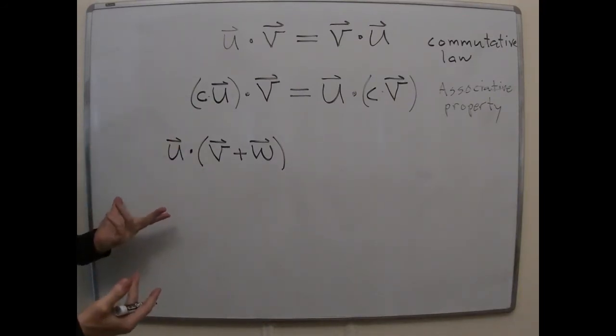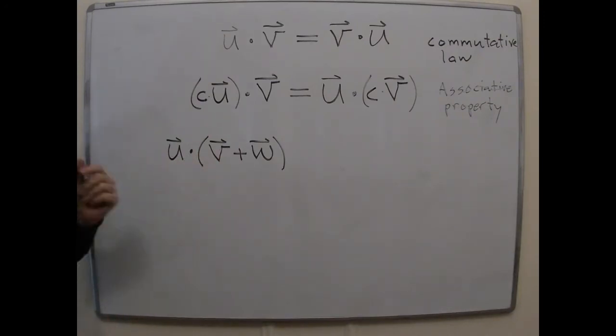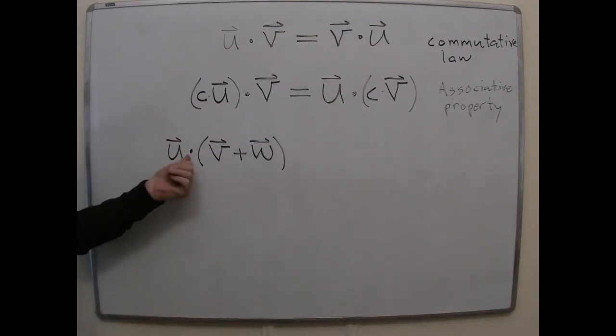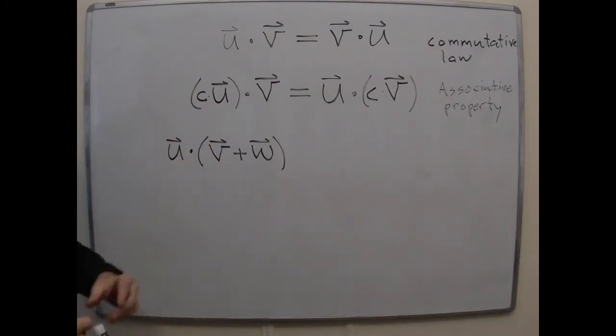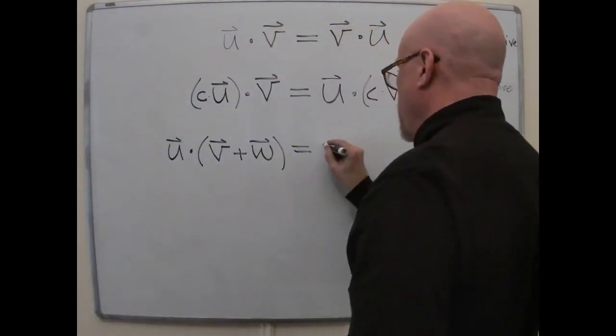And the thing we're going to see is that, in fact, that does happen here too. You can distribute, but just recognize that this is something new. We're distributing dot product, scalar product, over vector addition. So it's not the old-fashioned distributive law. It just looks like it.